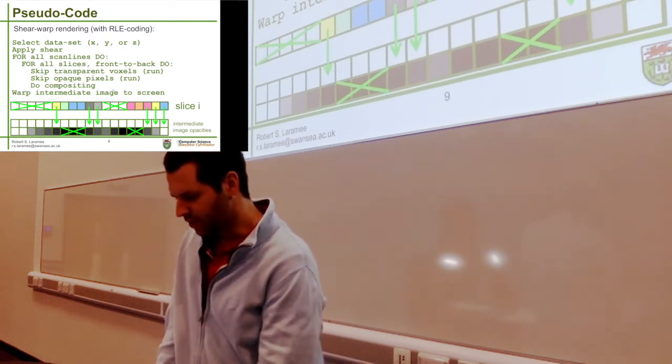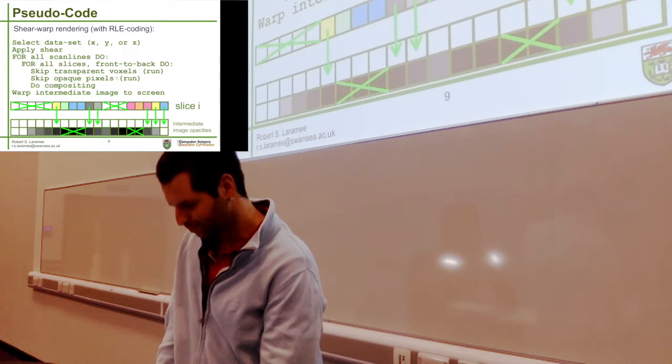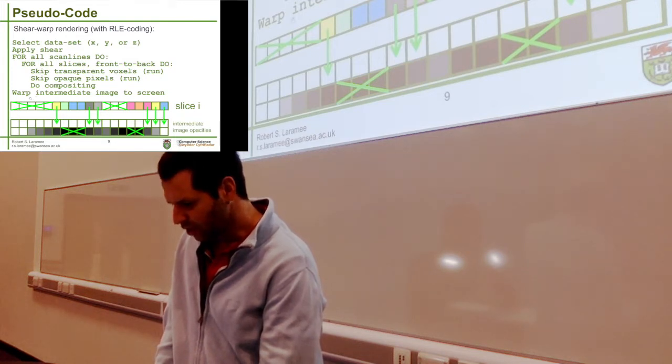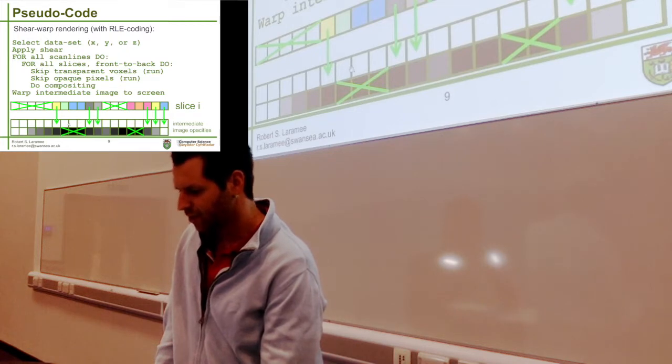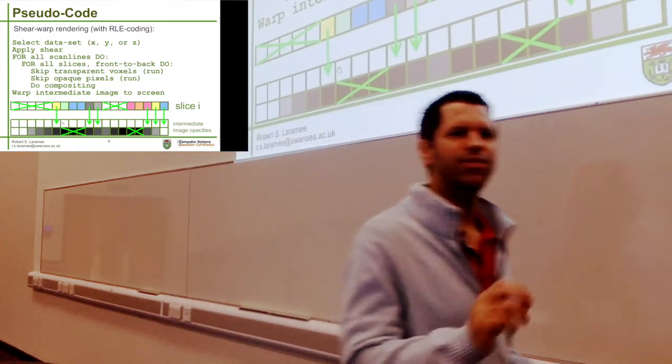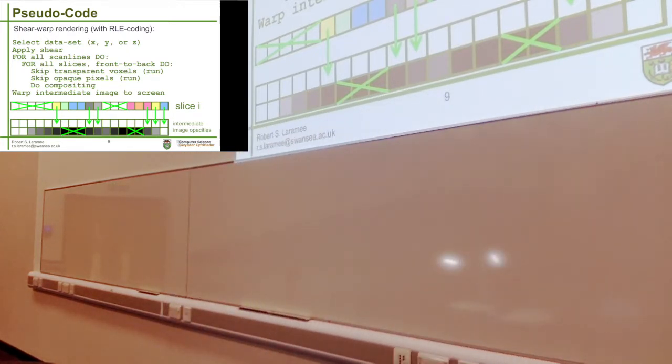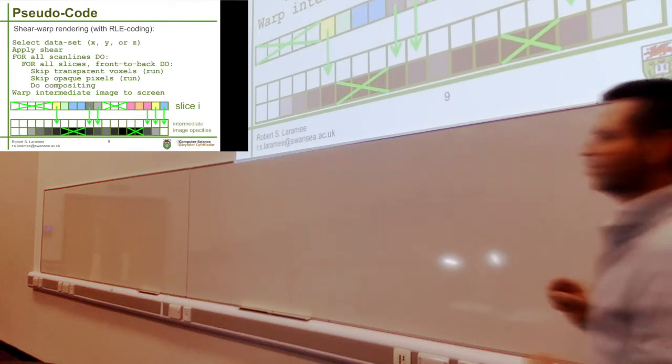And it says skip transparent voxels run. Here we have voxels and these are pixels. Remember, we've set up this 1-to-1 ratio of voxels to pixels.